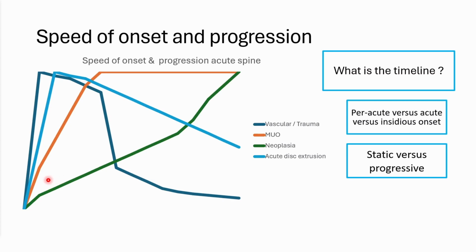I'll give you a few examples with spinal cord disease here. Animals that have had trauma or a vascular insult to the spine, such as a fibrocartilaginous embolism, will have a peracute onset. And then things will either stay the same or usually get better, unless in the case of trauma there is some instability there.